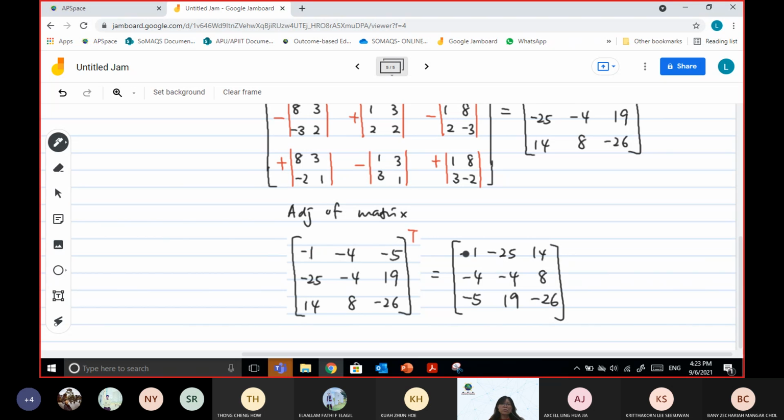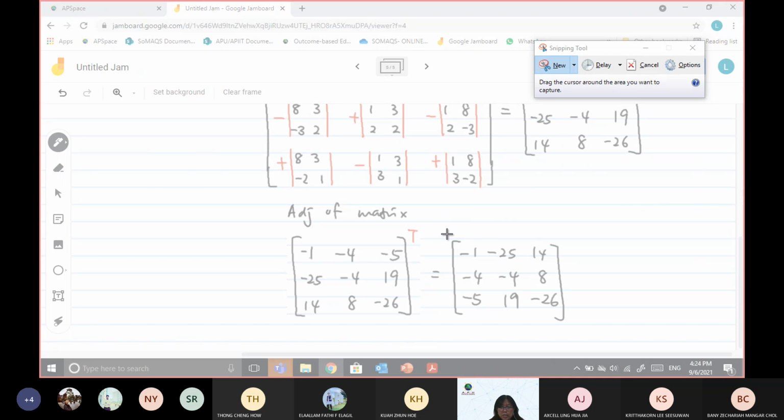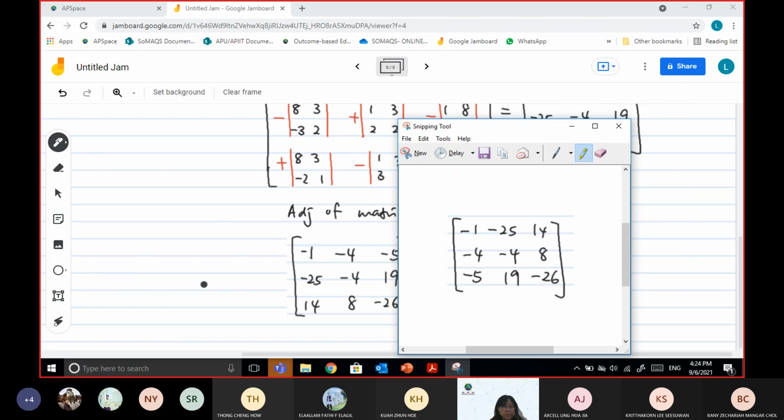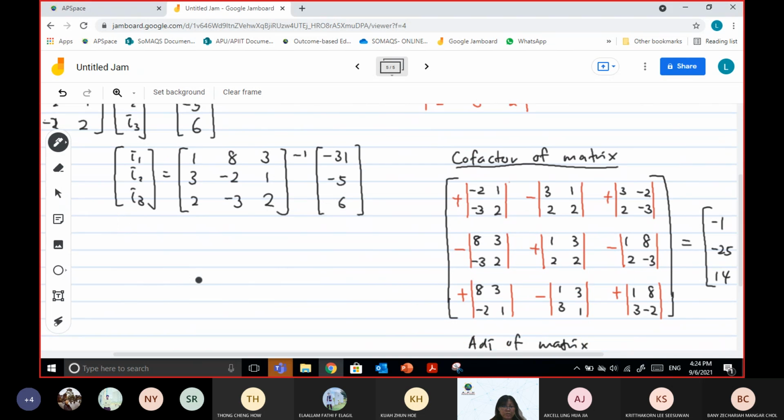So first row, first column, second row, second column, third row, and third column. Okay, done. Next, we just need to put it back to the inverse. Our determinant is negative 48.